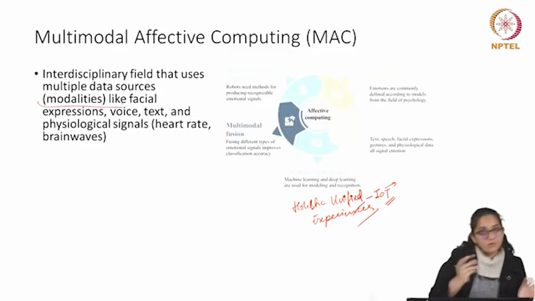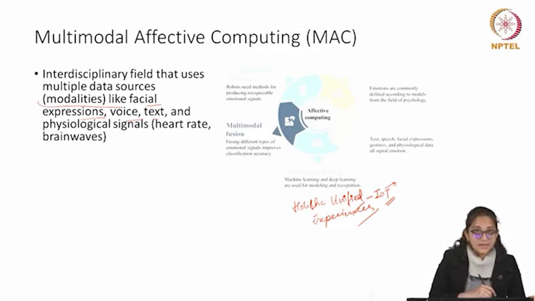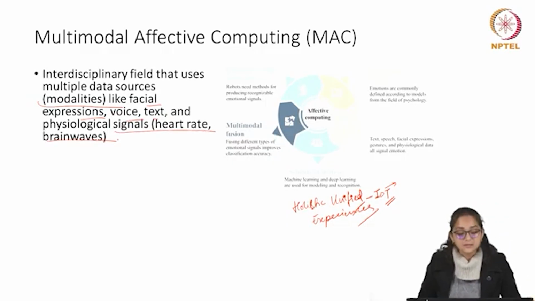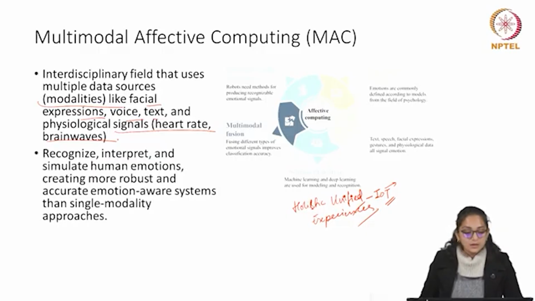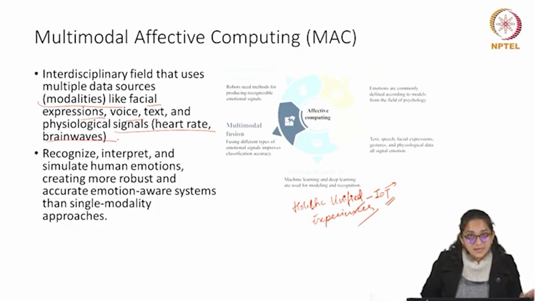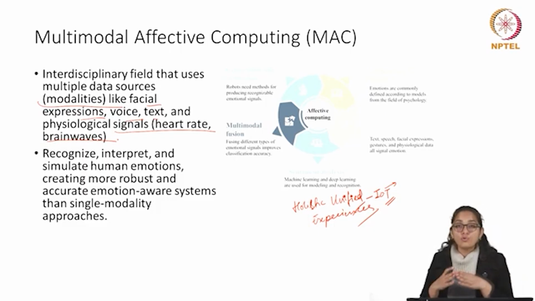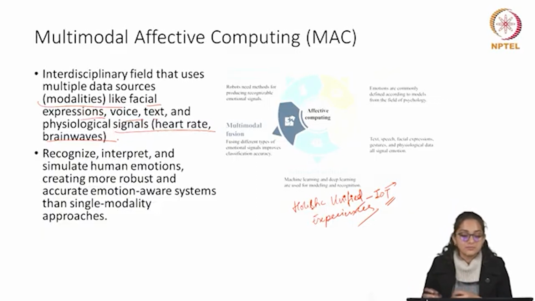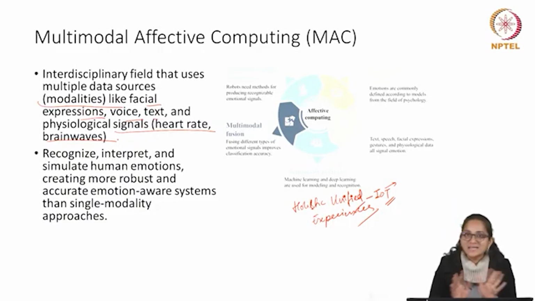So modalities, of course, like facial expressions, voice, text, etc., as well as psychological and physiological signals like heart rate, stress waves, brain waves, etc. So it recognizes, interprets and simulates human emotions, creating a more robust and accurate emotion aware system than just a modality related approach, right?